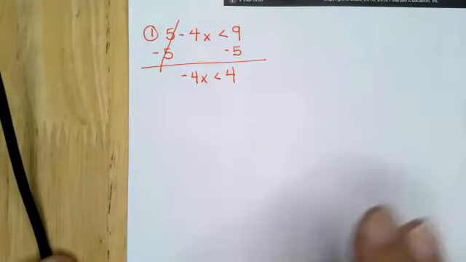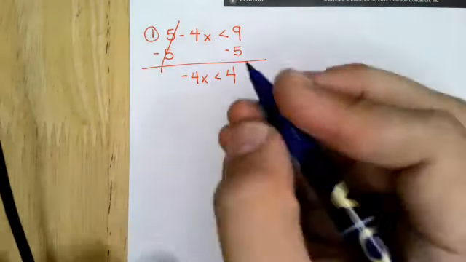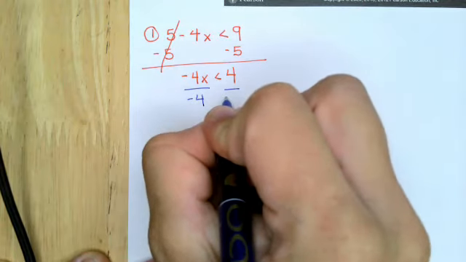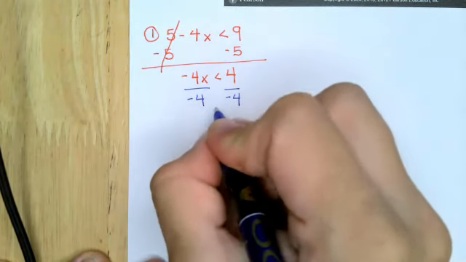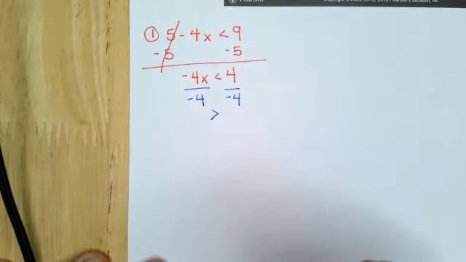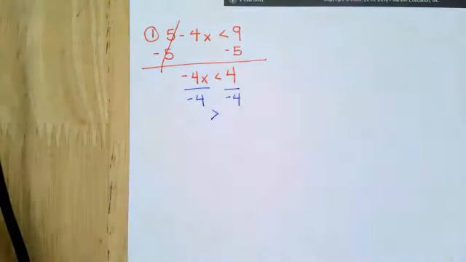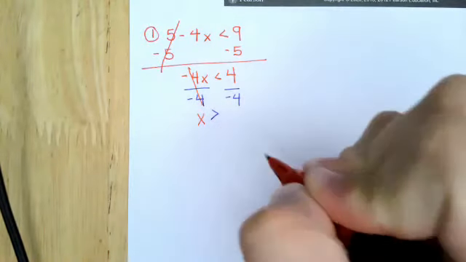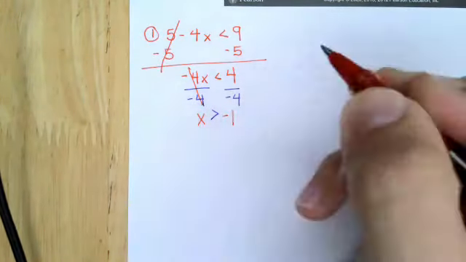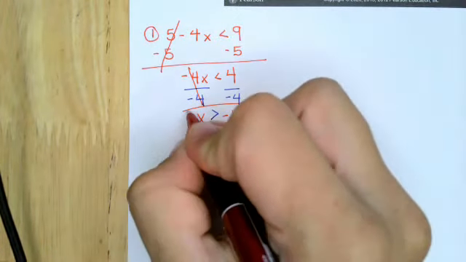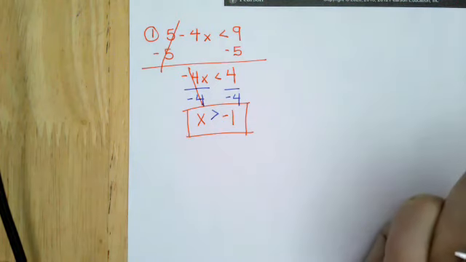Now I need to continue isolating x. Divide by -4 on both sides. Since I divided, I'm flipping the sign because of the division by a negative. -4 divided by -4 just gives us x. 4 divided by -4 gives us -1. X is greater than -1.